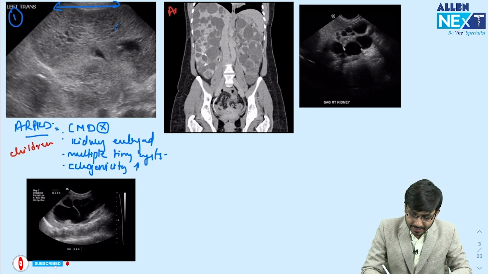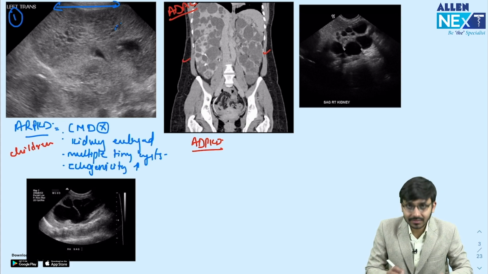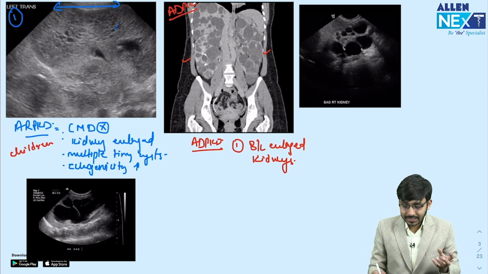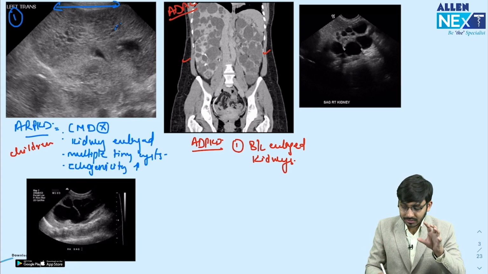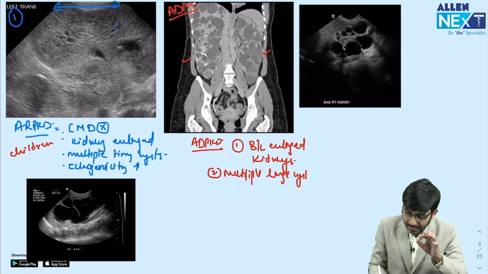Whereas the second image here is that of ADPKD, and what do we see here? We see that the bilateral kidneys are enlarged. So the first criterion is bilateral enlarged kidneys. What else do we see here? We see multiple large cysts, as compared to tiny cysts in ARPKD.